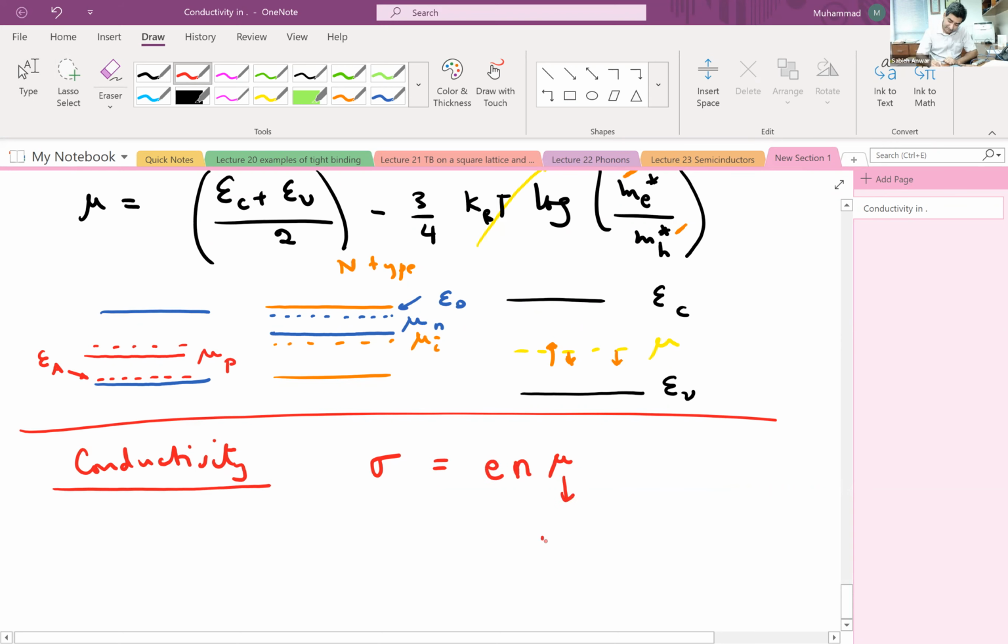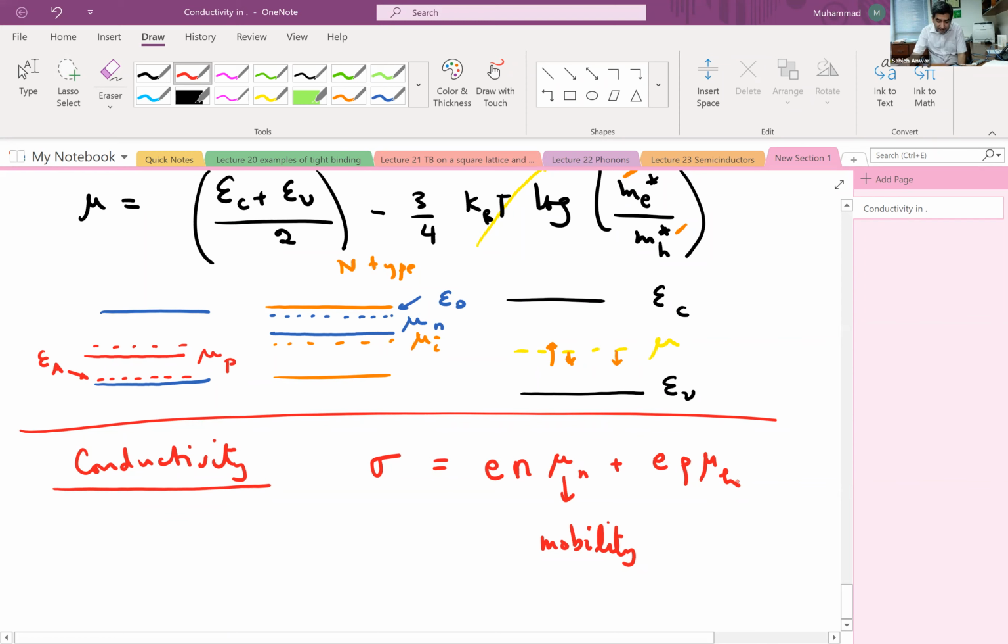Here I'm using this symbol for mobility, not for chemical potential. But the conductivity can also happen because of the holes. So both of them are going to contribute. In any material, if you have an intrinsic semiconductor, there are holes moving in one direction and electrons moving in the opposite direction, one going downhill in the Fermi landscape and the other going uphill.